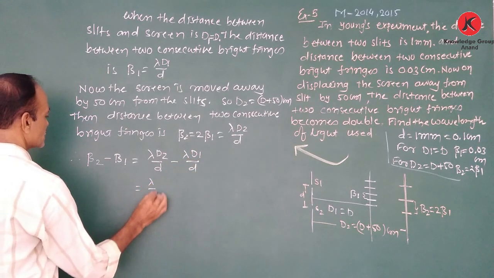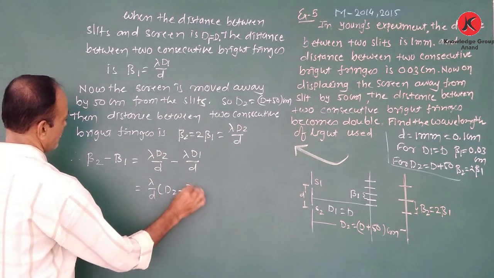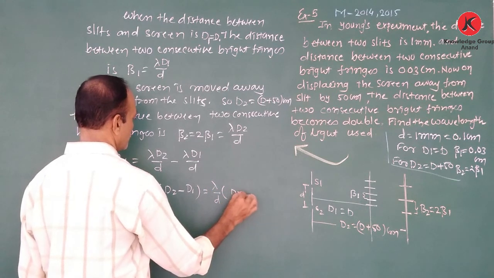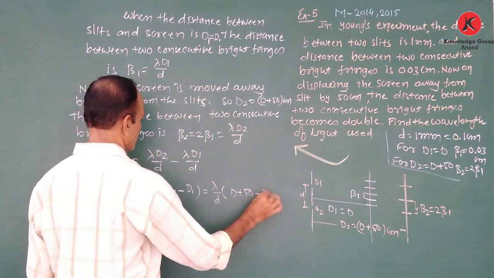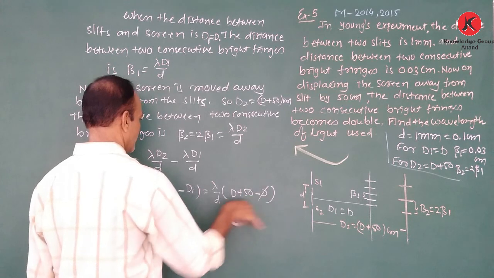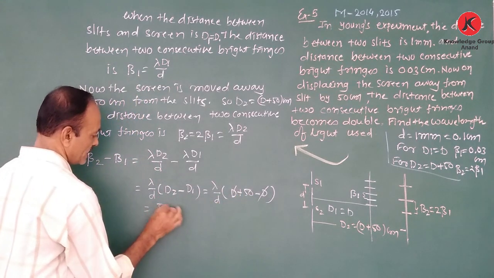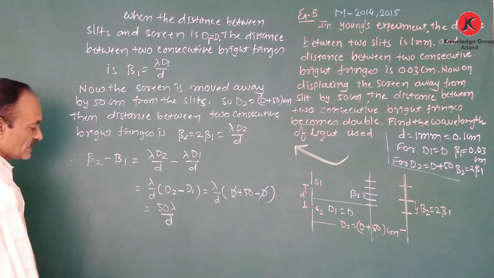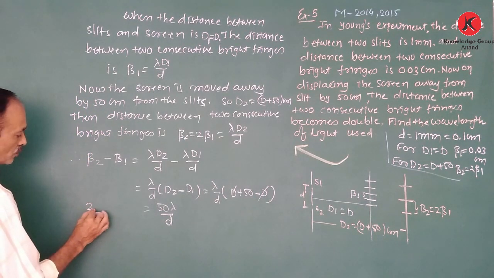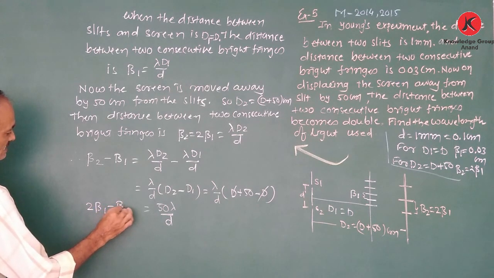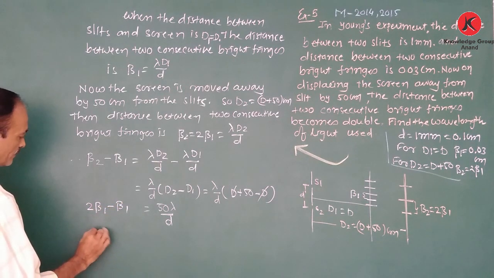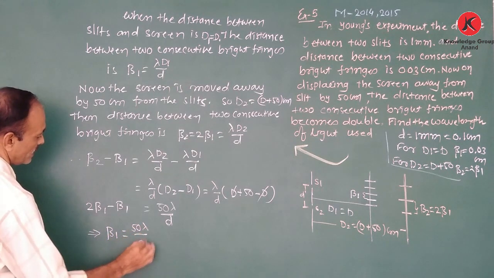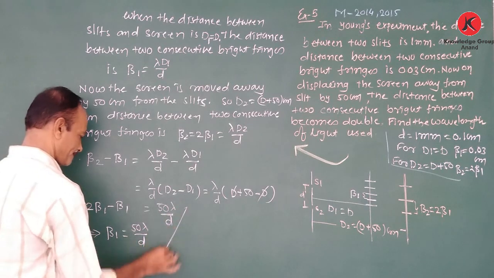So lambda upon d is common, beta 2 minus beta 1 is equal to lambda upon d, here D plus 50 minus D. D cancels, therefore 50 lambda upon d. Now beta 2 is given, that is 2 beta 1, minus beta 1. Therefore beta 1 is equal to 50 lambda upon d.